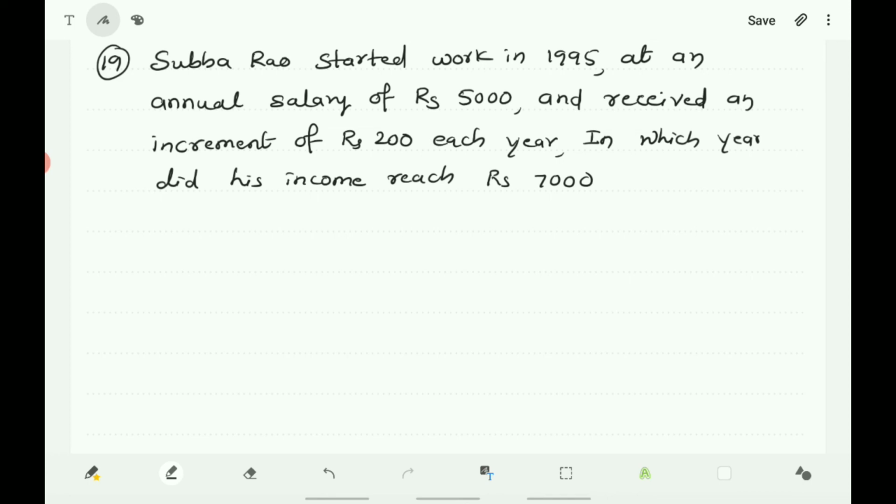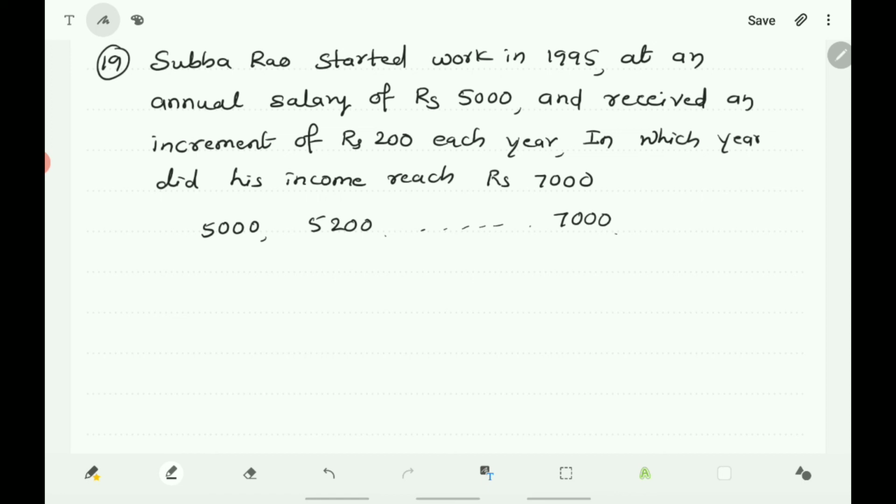Here his initial income is rupees 5,000, and his increment is 200. So his next income becomes 5,200, and his income reaches 7,000 rupees in certain years.